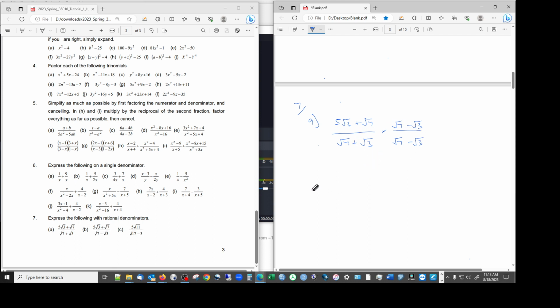Okay, so what this will have an effect on the bottom is that root 7 times root 7 is root 7 squared, minus root 7 root 3 plus root 7 root 3 is cancelled, and then we're left with, so let me do that as a whole. So that's that one.